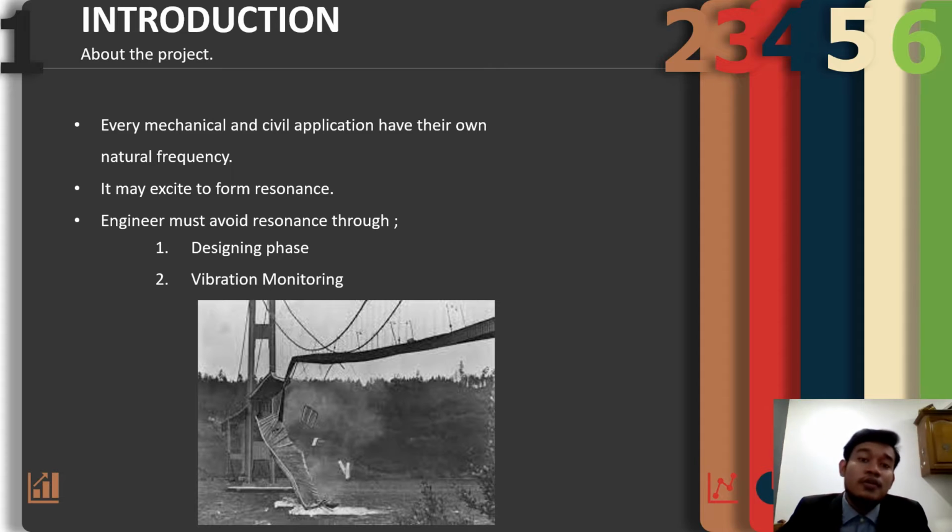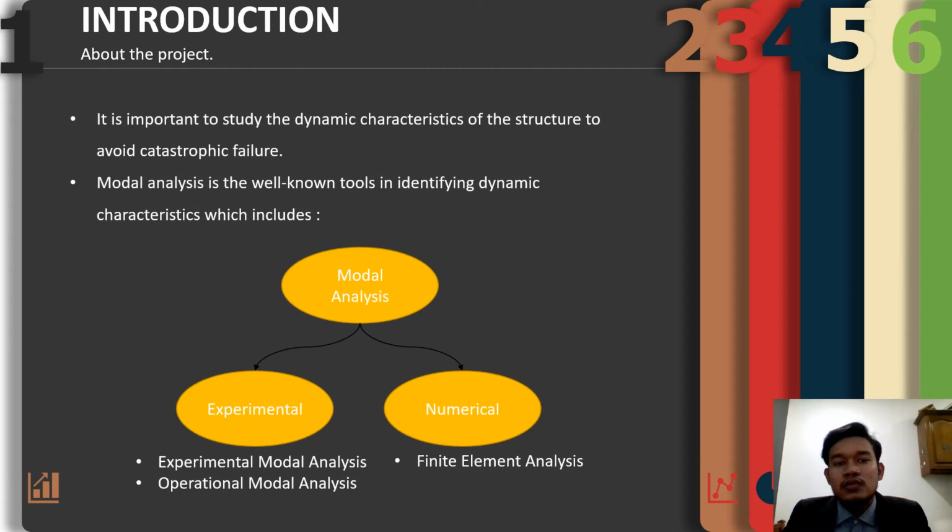The figure below shows a case caused by resonant effects at Tacoma Bridge in the 1940s. So it is important to study the dynamic characteristics of a structure to avoid catastrophic failures.